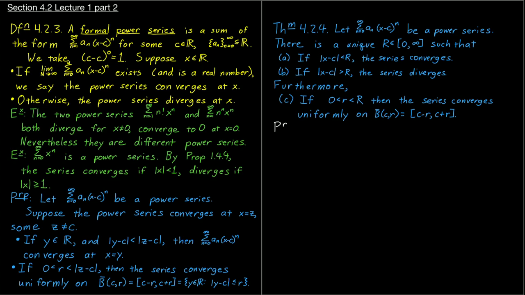Essentially, we've done all of the work in the previous proposition. You just let R be the supremum of the set of all |z − c| such that the series converges.